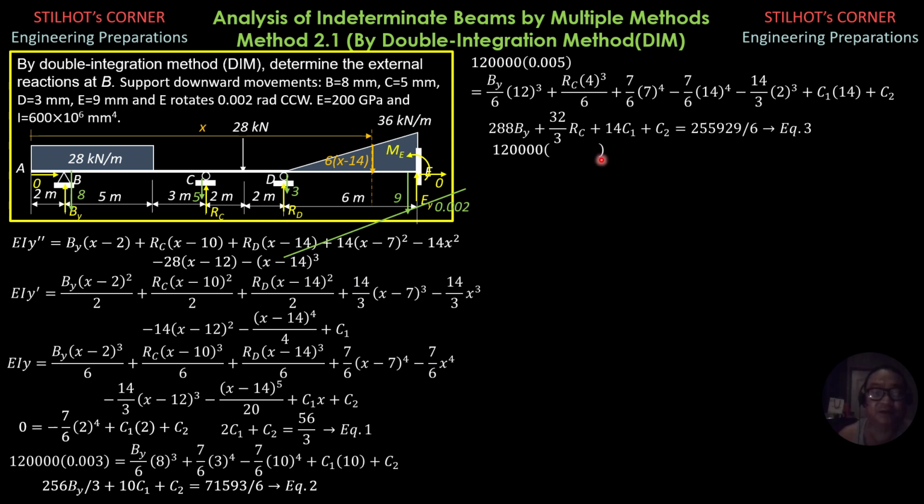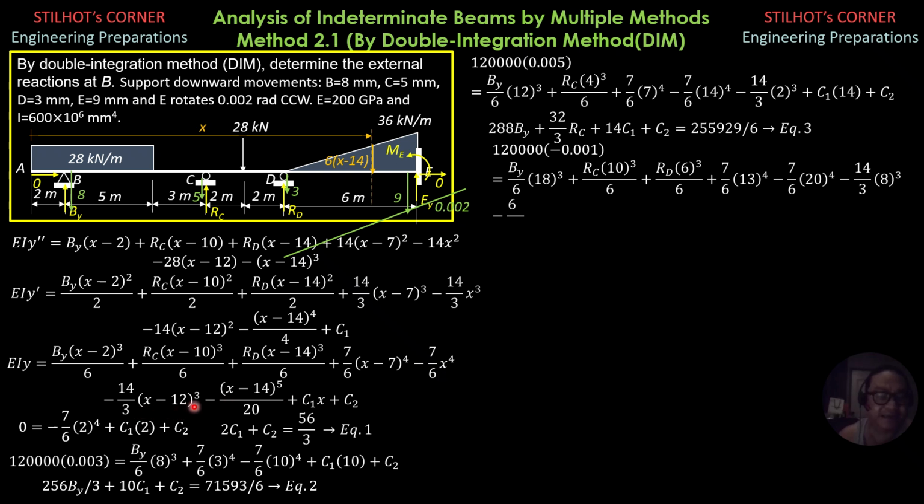So 120,000 times negative 0.001 equals By times 18 cube over 6 plus Rc times 10 cube over 6 plus Rd times 6 cube over 6 plus 7 over 6, 13 to the fourth, minus 7 over 6, 20 to the fourth, minus 14 over 3, 8 cube, then minus 6 to the fifth over 20 plus C sub 1 times 20 plus C sub 2.